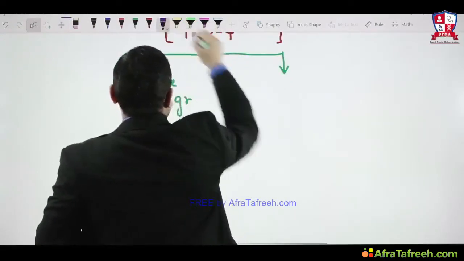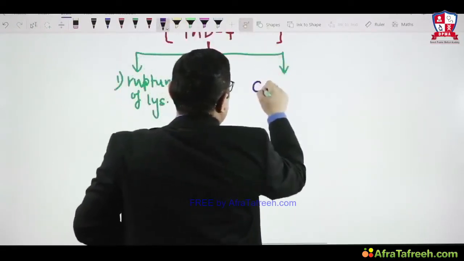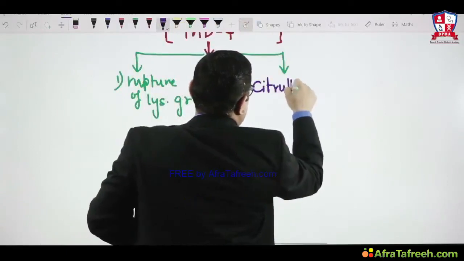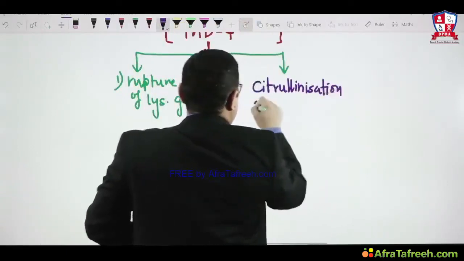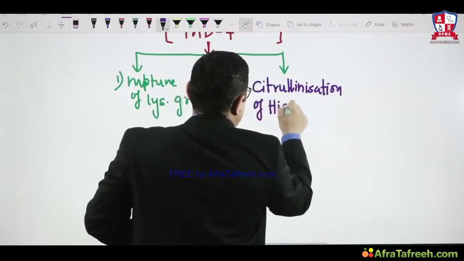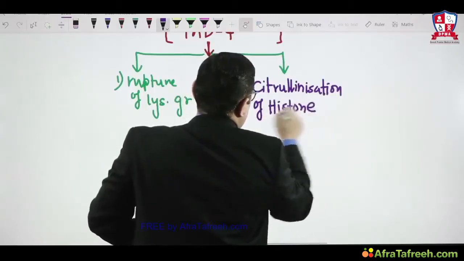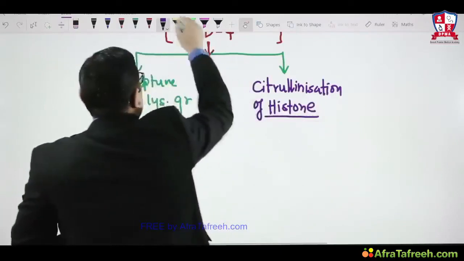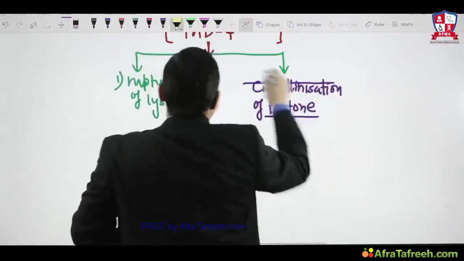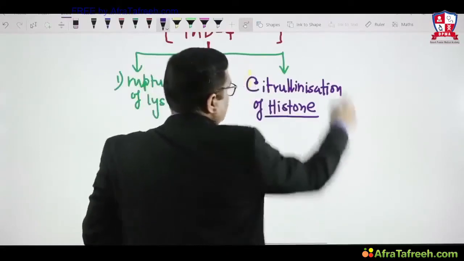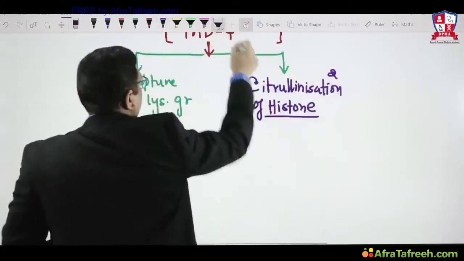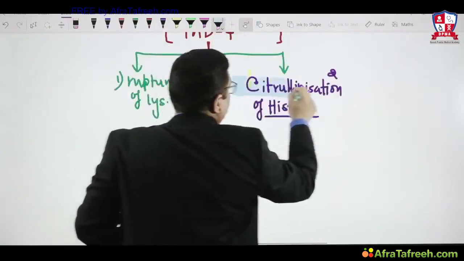The second thing they are going to do is citrullination of histone protein, right? Citrullination of the histone protein was a question in the All India exam: what will happen in NET formation.